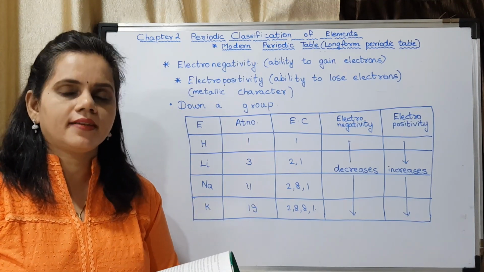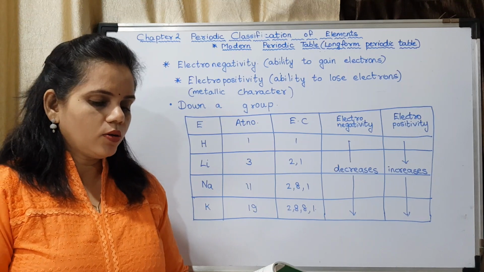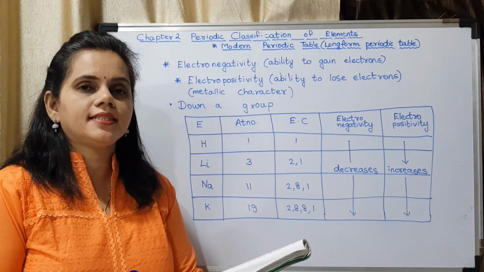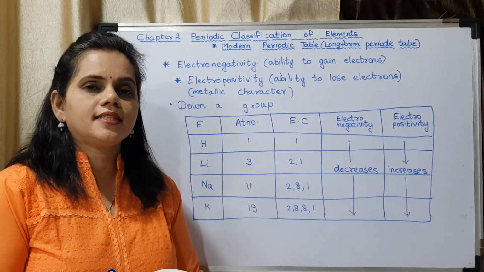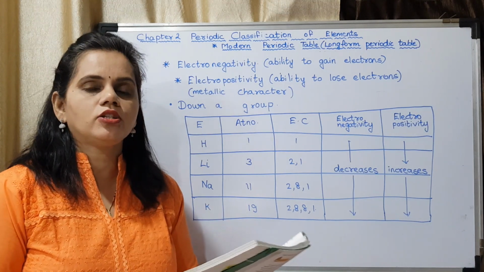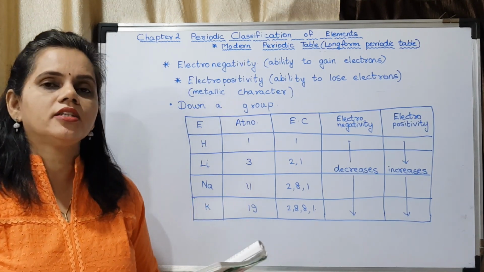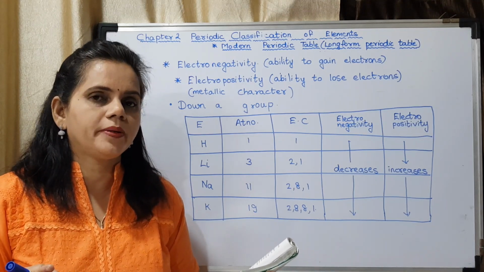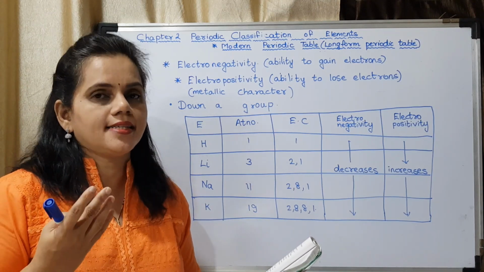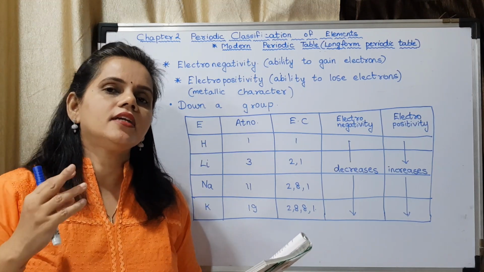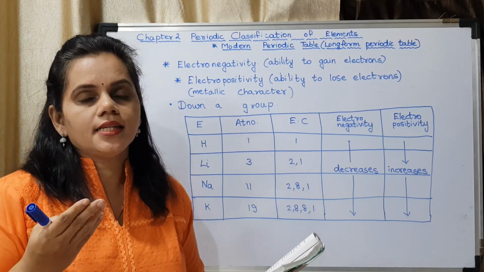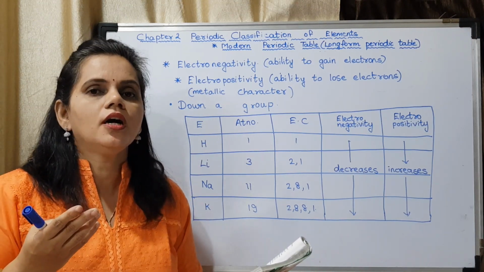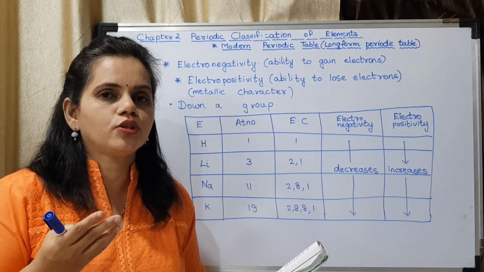Hope you have understood the chapter. Now on page number 27, towards the end, there is a topic, gradation in halogen family. Halogens are elements in the 17th group of the periodic table. We had discussed it earlier also. Fluorine, chlorine, bromine, iodine belong to the halogens in the 17th group.